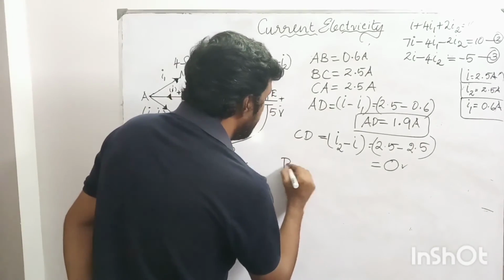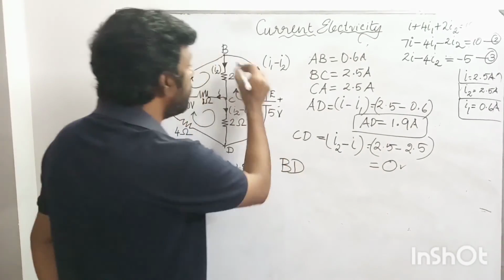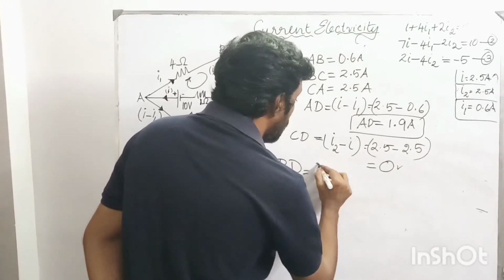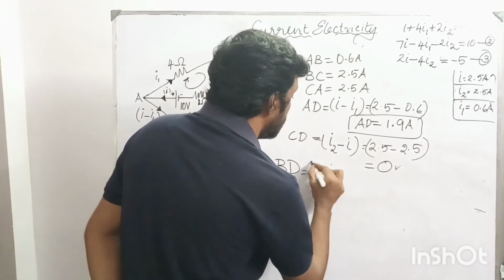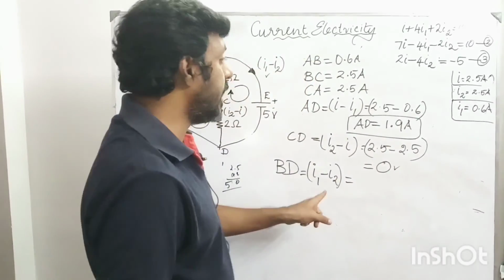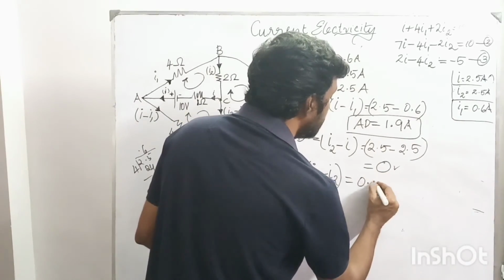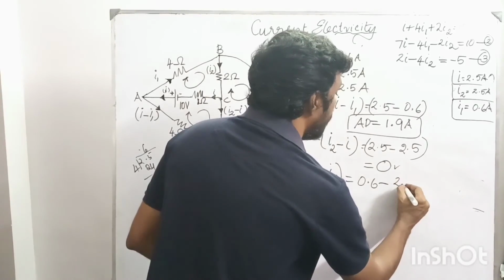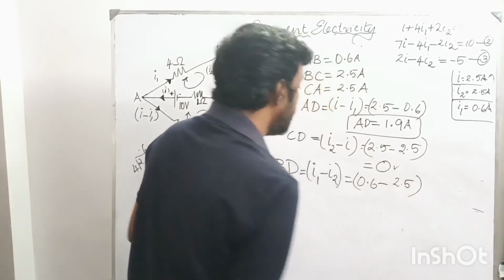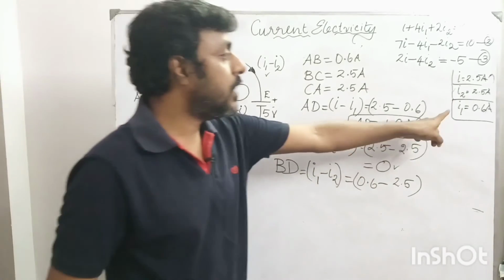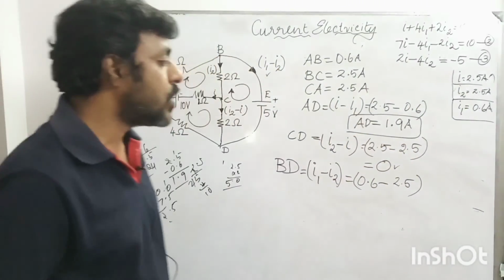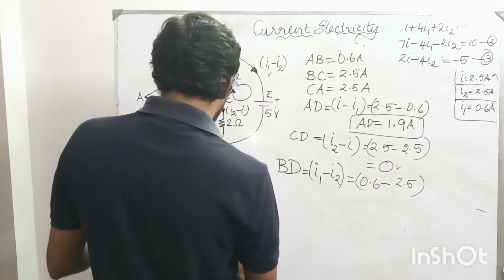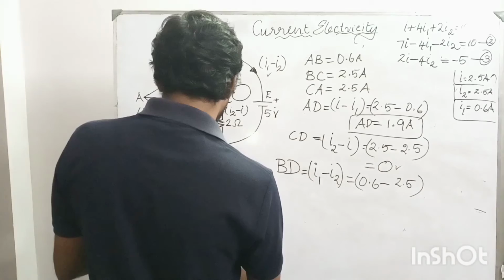So the branch BD. What is the current that is flowing through the branch BD? It is nothing but I1 minus I2. What is the value of I1? I1 is 0.6, minus I2, and I2 value is 2.5. So I1 minus I2 is 0.6 minus 2.5. What is the value of 2.5 minus 0.6?